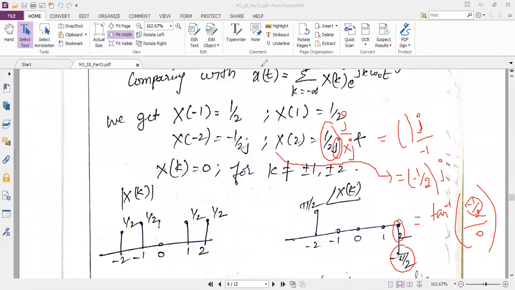I just did not see the position of j when I was discussing the first problem. The j should be in the numerator. Then only we can apply this formula tan inverse of b by a. But in all our problems, j is in the denominator, so somehow I should push it to the numerator. So am I clear now? Have I made the concept clear? At plus 2, why is the angle minus 90 degree? Is it right?